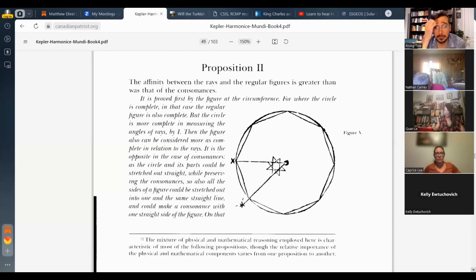It is the opposite in the case of consonances, as the circle and its part could be stretched out straight while preserving the consonances. So also all the sides of a figure could be stretched out into one and the same straight line and could make a consonance with one straight side of the figure.